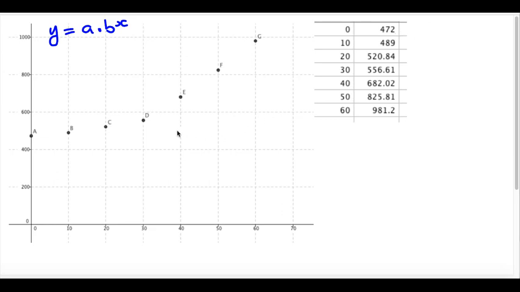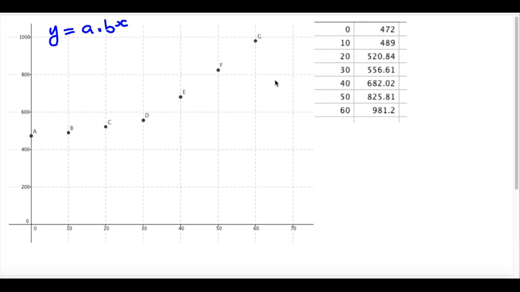Maybe for some reason you think you would like to use point C and let's say point F for algebraically trying to find an exponential formula that fits this data in your graph here.